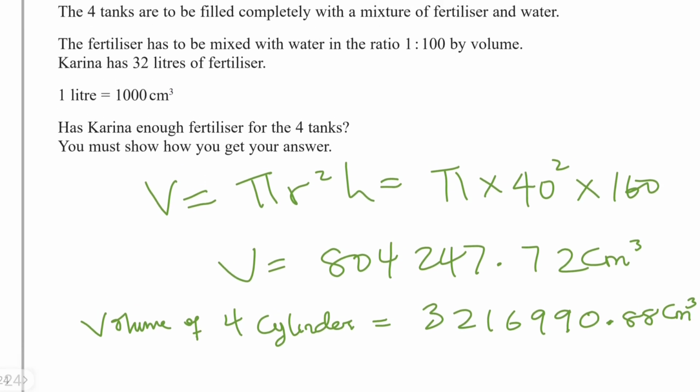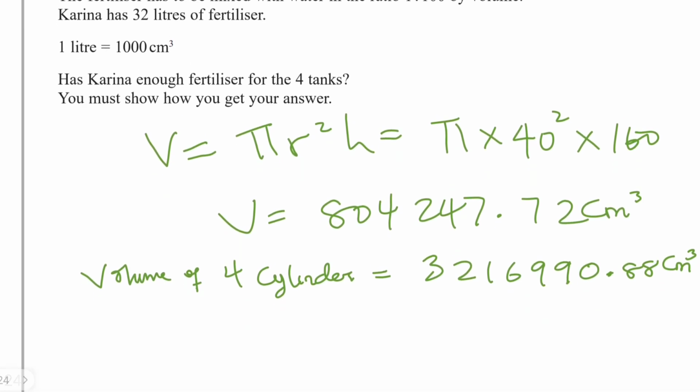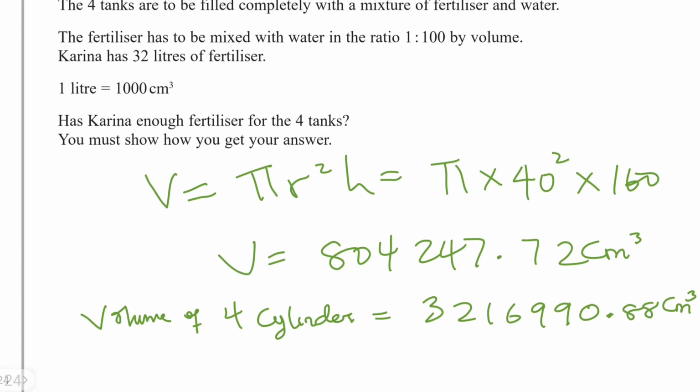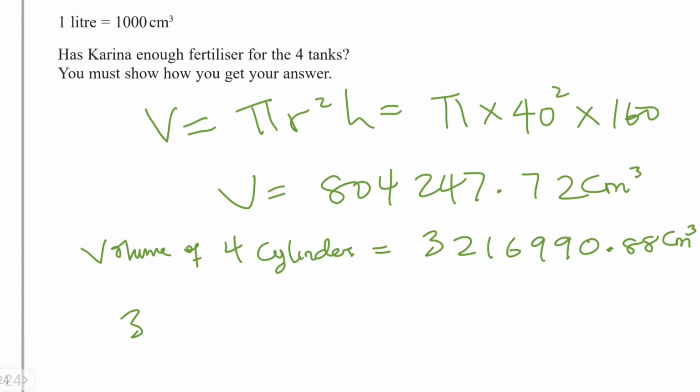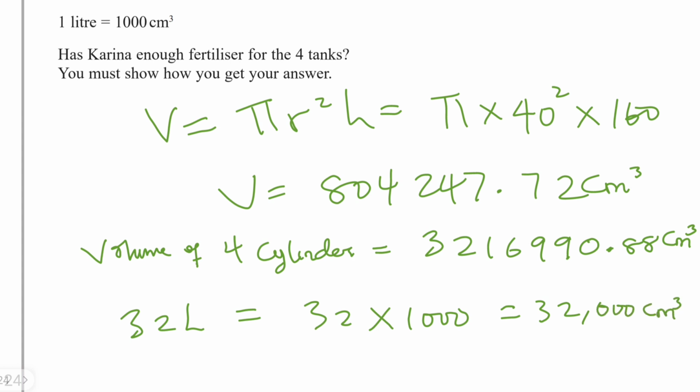Now, 1 liter is equal to 1000 centimeter cube. So 32 liters of fertilizer in centimeter cube will be 32 times 1000, which is 32,000 centimeter cube.